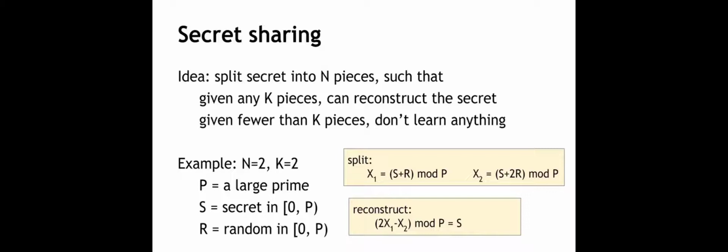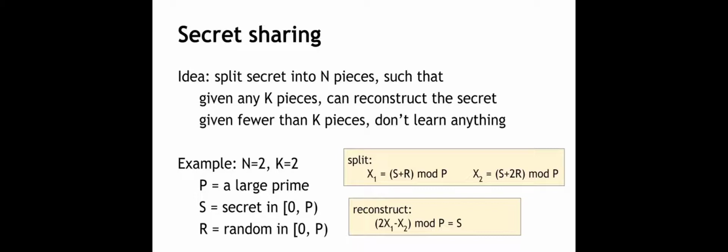And if you think about it, you can convince yourself that the result of s plus r modulo p is equally likely to take on any value between 0 and p minus 1, and that's true regardless of what s was. And so this share by itself just looks like a purely random number and doesn't convey anything about what the value of s might have been. Similarly, this share by itself is also equally likely to take on any value between 0 and p minus 1, and therefore doesn't convey any information about s.